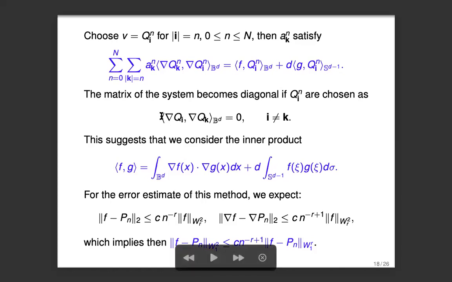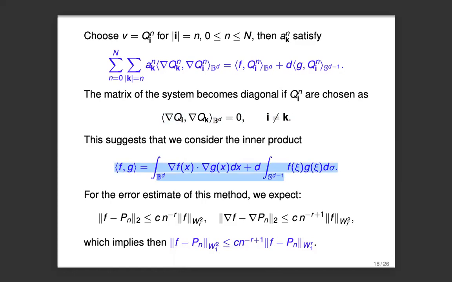You want to choose f and g to make this equal to 0. Of course, it's not exactly 0. You still have to add something because otherwise you don't have a complete inner product. So this suggests that we consider the inner product as this, f g equal to that. So you see I'm switching to an inner product with a gradient.